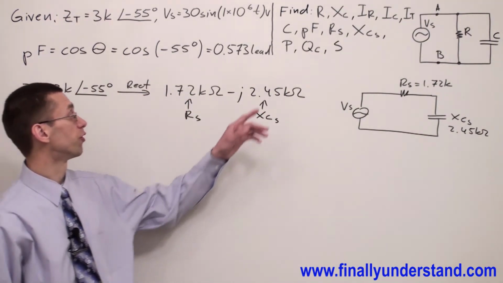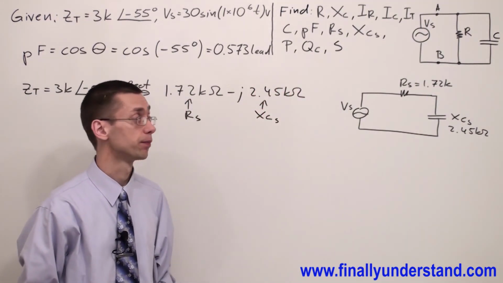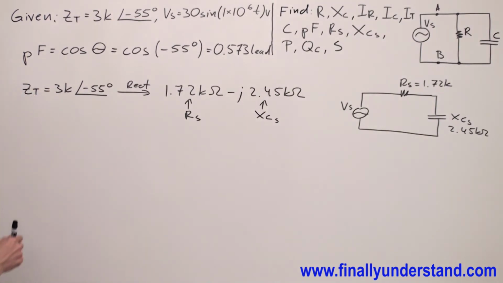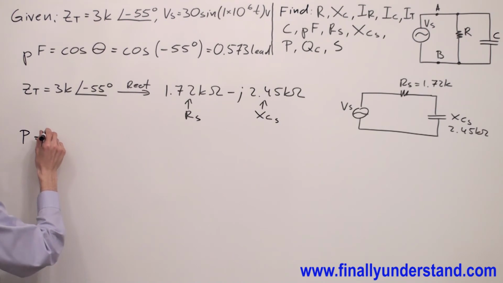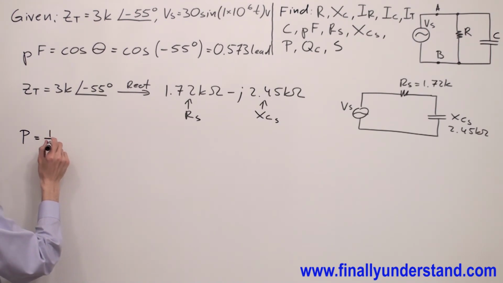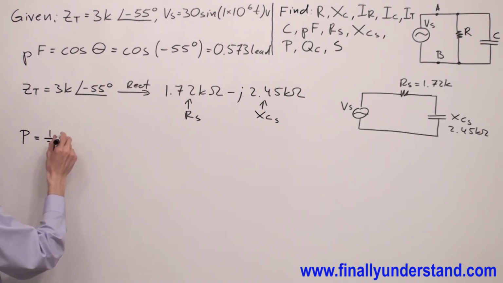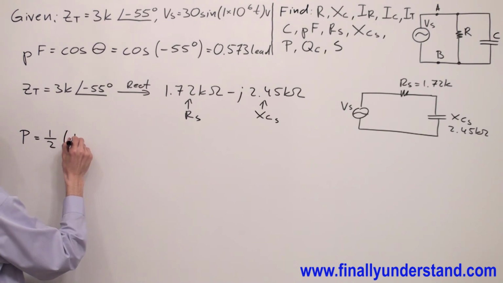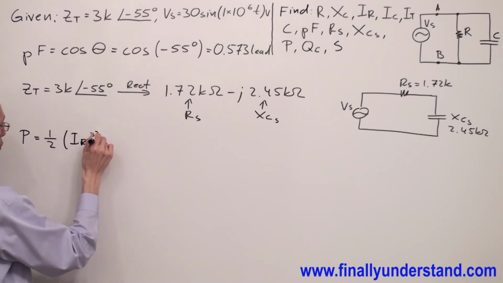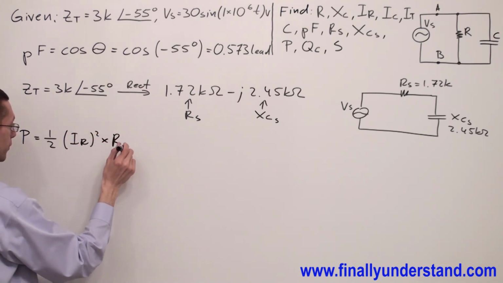Next, I'm supposed to find the true power. P true is equal 1/2 and the current which goes through the resistor, IR, square times the resistance.